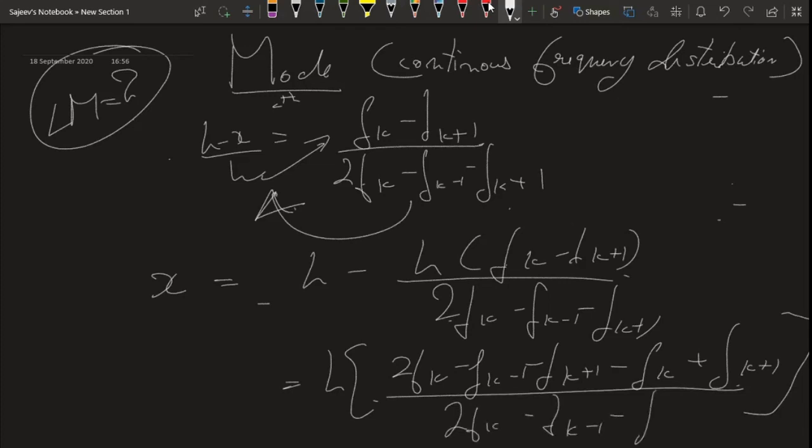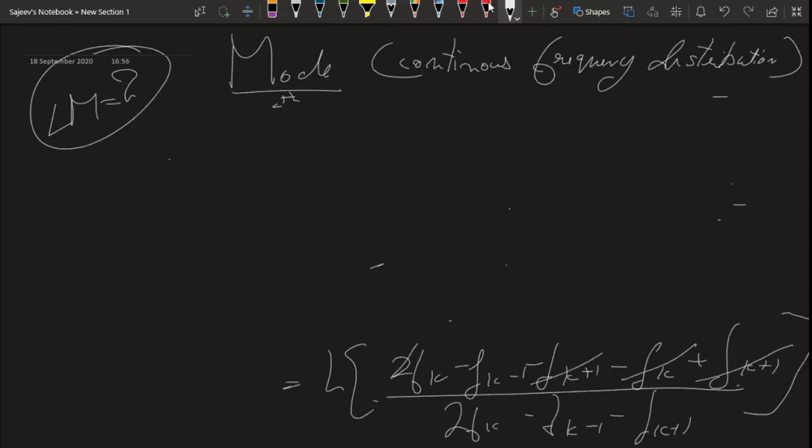I think something or the other will get cancelled. Yeah, 2fk and fk go, and I'm left with x equal to h by fk minus fk minus 1 over 2fk minus fk minus 1 minus fk plus 1.